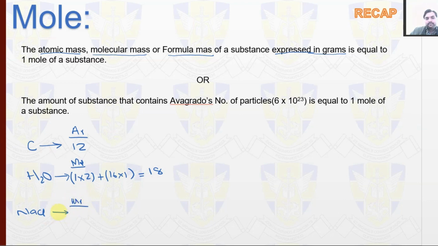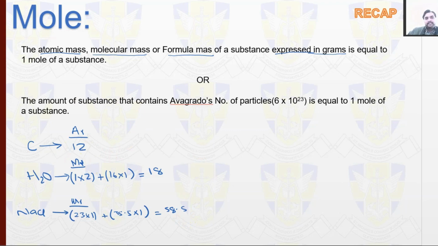For example, if you want to find the formula mass of NaCl, Na is 23 multiplied by 1 plus Cl is 35.5 multiplied by 1. So it comes out to be 58.5. So it's also without any unit, just a number 58.5. So all the atomic mass, molecular mass or formula mass are without any units, right?